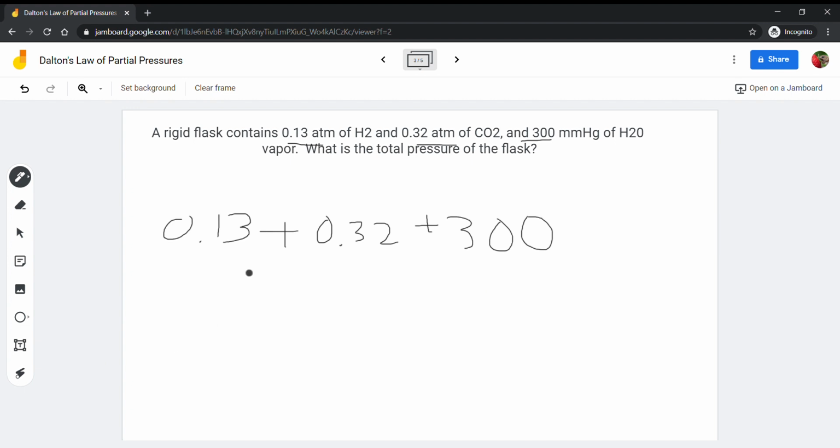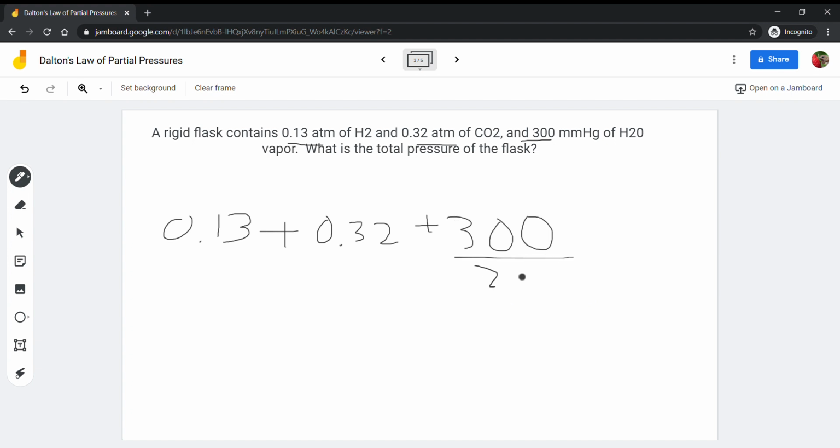Okay, so the mistake isn't with the actual idea itself. If all of these were atmospheres, this would be the correct equation to solve. However, since this is in millimeters of mercury, we have to convert it into atmospheres, or we can convert the other two into millimeters of mercury, but personally, I would rather convert everything into atmospheres.